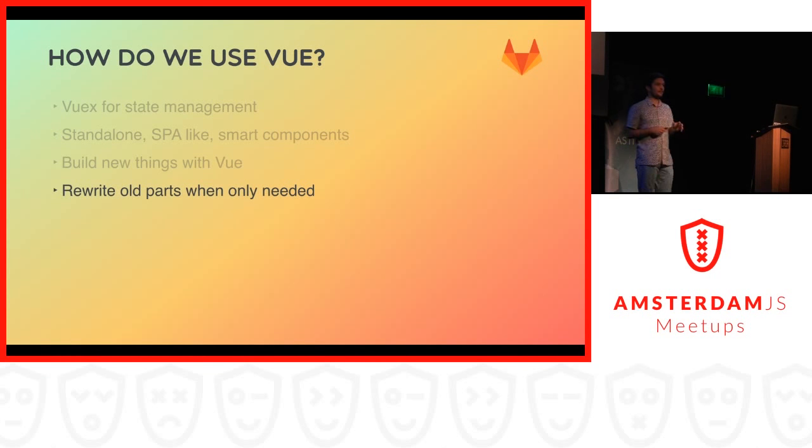This means if we are going to create something on top of an existing feature, we consider that it is time to rewrite it with Vue, because we are planning to add something more onto this component, onto this page. That is the decision point of a rewrite.